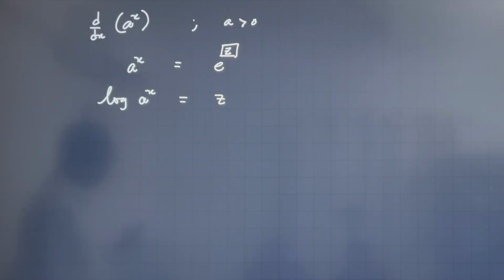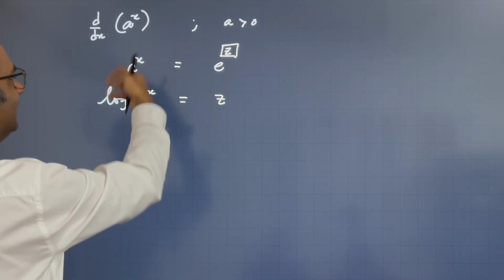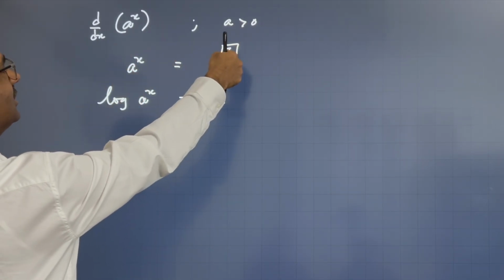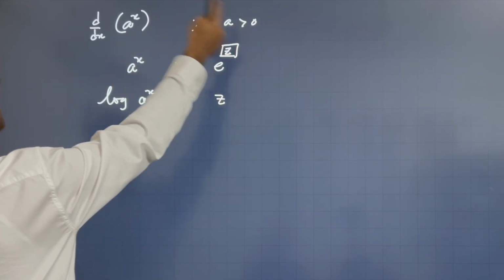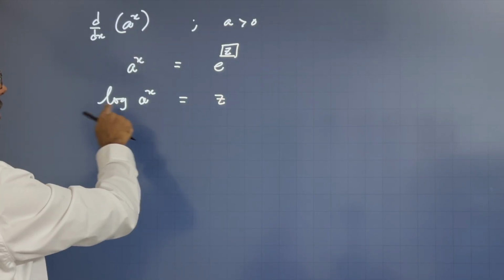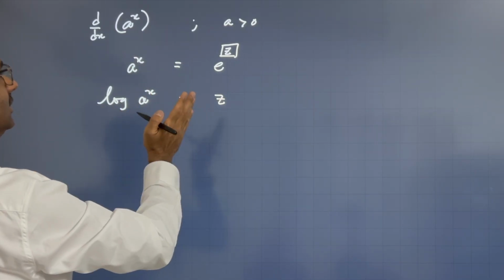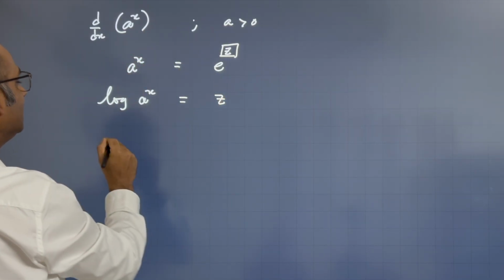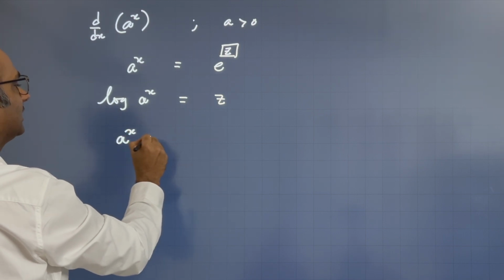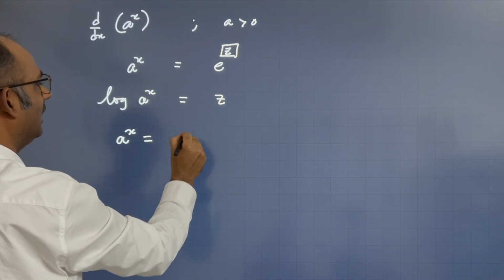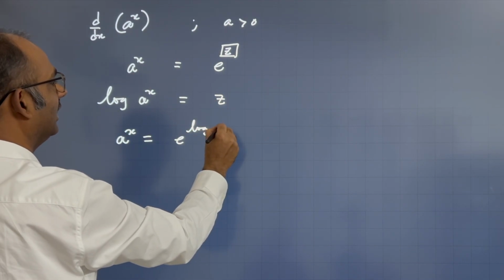Log will cancel the e. Or simply, this is the definition: what sits in the exponent is what is called log of this. So log of a to the x is z. Very good. I know z now, which means I can write a to the x as e to the log of a to the x.